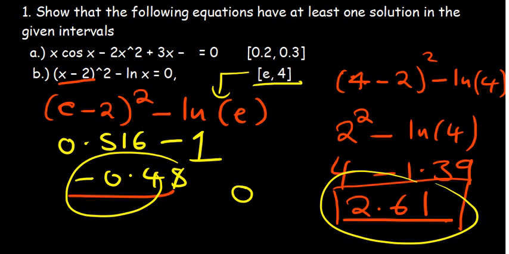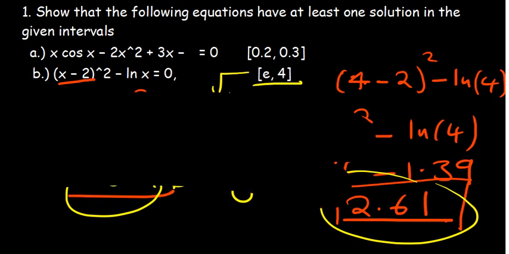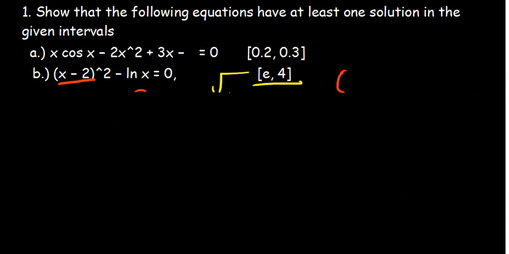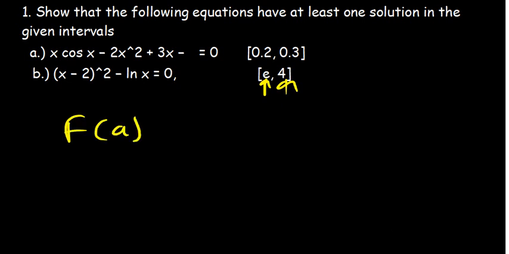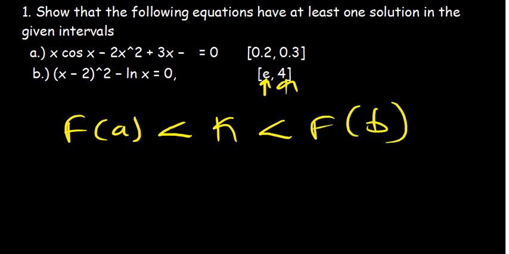Remember, the basic idea behind the theorem was if you have a function continuous on a certain interval, and the function values at the 2 points are not equal, as we can see, f of e was not equal to f of 4. And then f of a is less than a certain value k in between, and that k is less than f of b. So there should be a certain value in between, which is k.